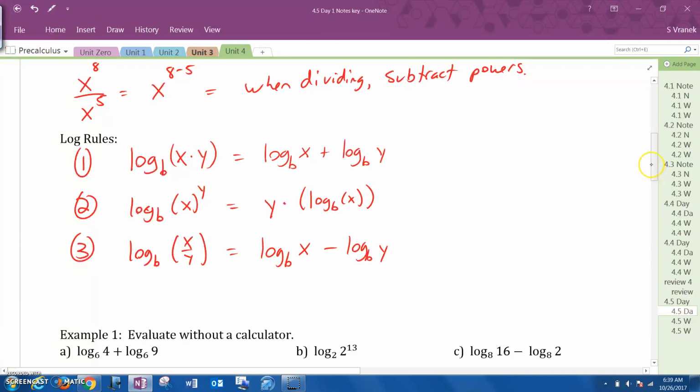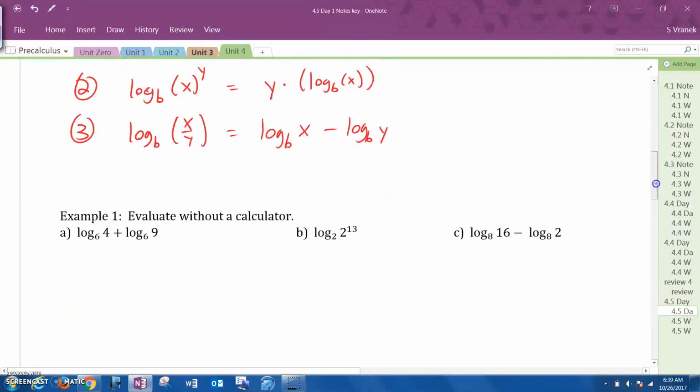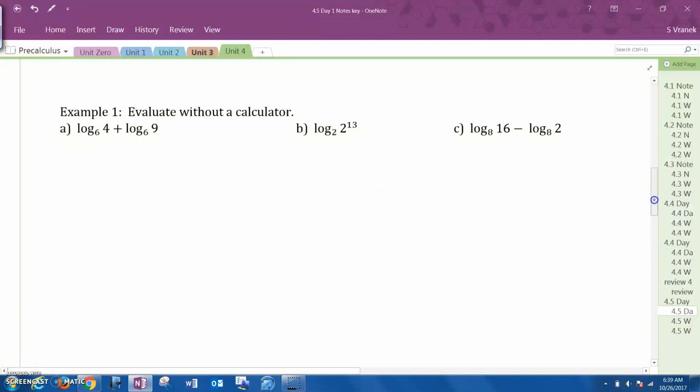So those are your log properties, and they follow very closely to the exponent rules, and you guys should know those already. So let's look at some of these problems without a calculator. First one, evaluate without a calculator. Well, I notice, and again, it has to be the same base, so it is the same base. I have addition. When the exponents are being added, that's when these were being multiplied. So we can say we have log base 6 of 4 times 9, which is equal to log base 6 of 36.